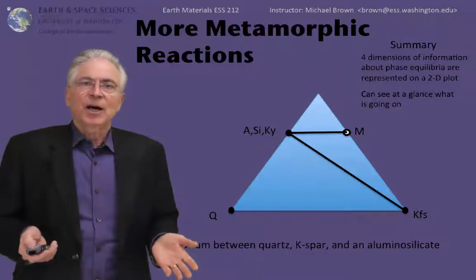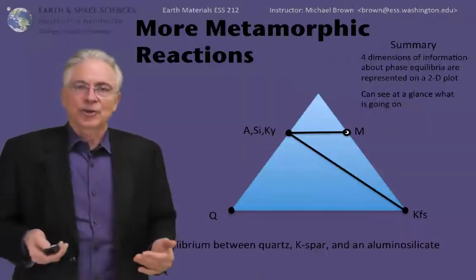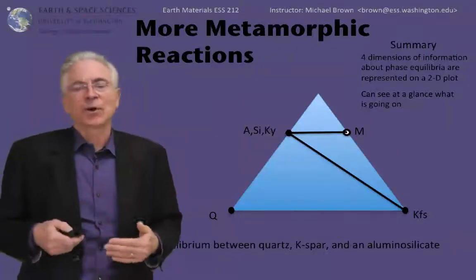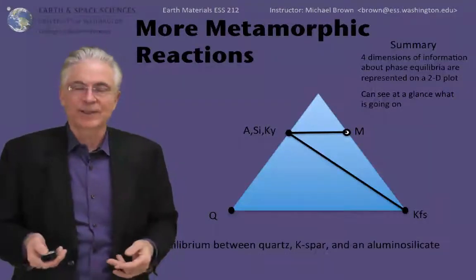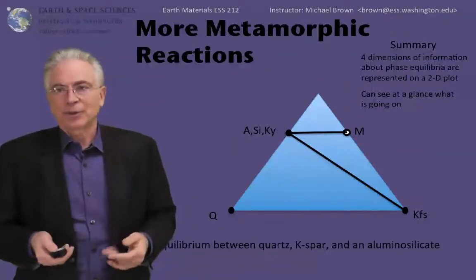On this 2-dimensional plot, we have a way, with tie lines and a ternary triangle, of seeing what's going on, what phases are in equilibrium with what phases, and this will apply to a particular pressure temperature point.